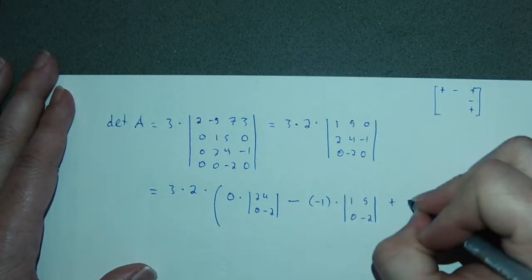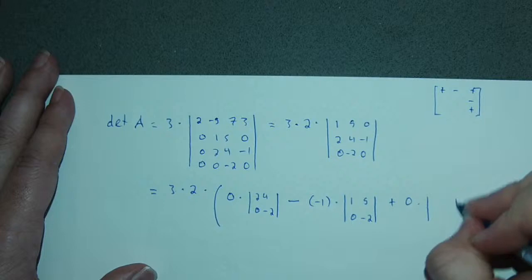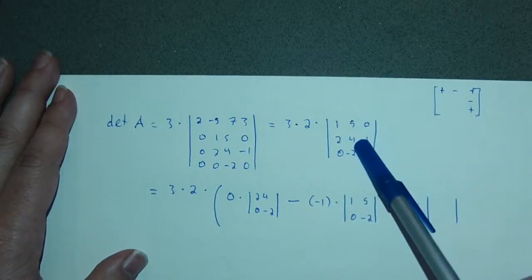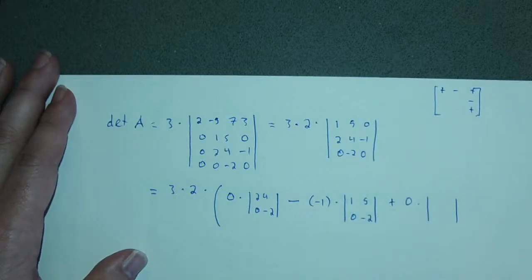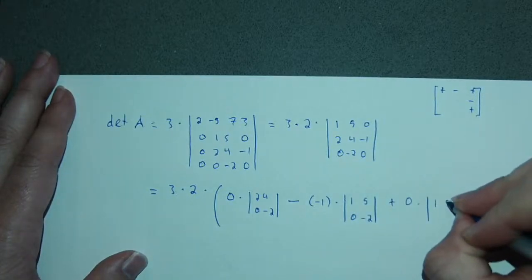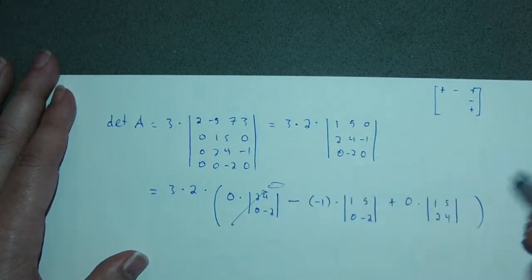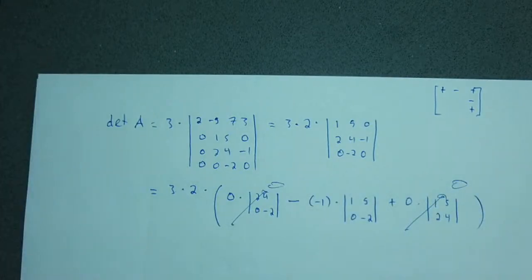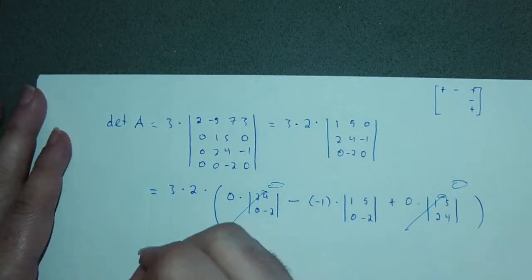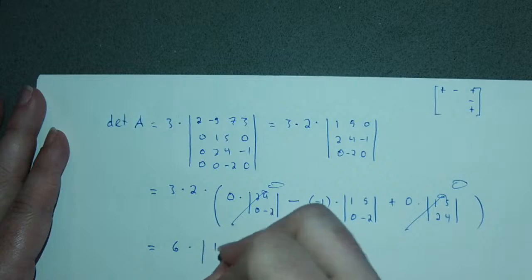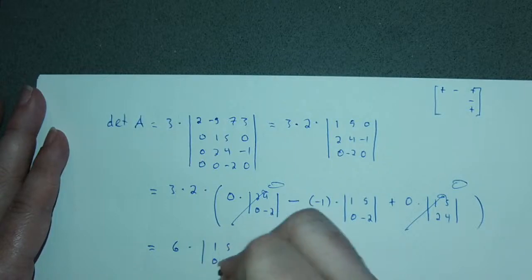And then lastly, plus 0 times the 2 by 2 I obtain from this 3 by 3 by deleting last column, last row. So that's 1, 5, 2, 4. Now, of course, these are 0. And so what I get then is 6 times the determinant of 1, 5, 0, minus 2.